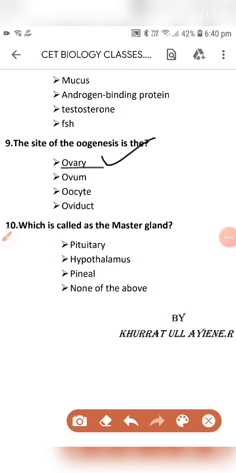Fine. What is this oocyte? Oocyte is a cell in an ovary which may undergo meiotic division to form ovum. And finally, the oviduct, it is the tube through which an ovum or egg passes from an ovary. Okay.